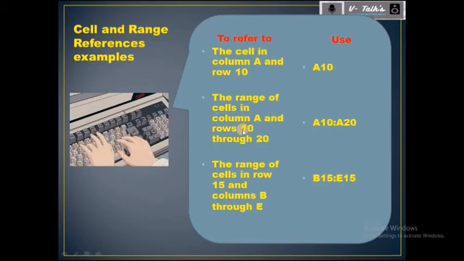In column A, if you want to select from 10 to 20, in a formula we have to write it like this: A10, colon, A20. You can find the colon on the keyboard. So A10 colon A20. I will show that.